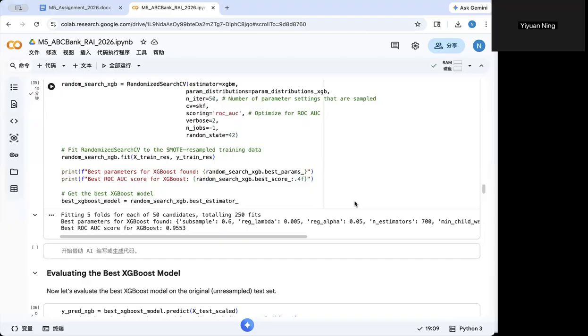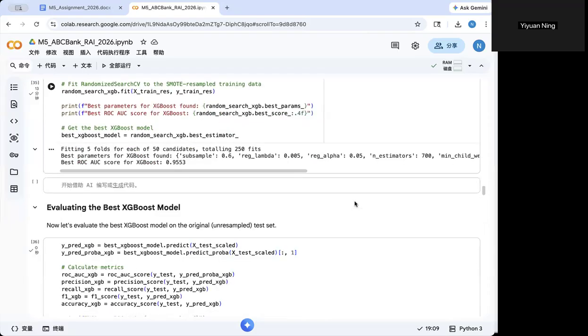During cross-validation, the best XGBoost model achieved a ROC-AUC score of 0.95, which initially suggested very strong classification performance.